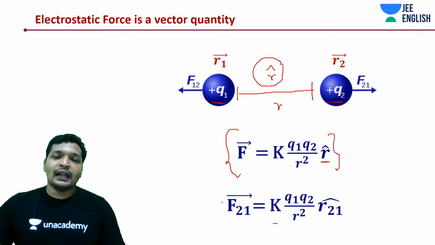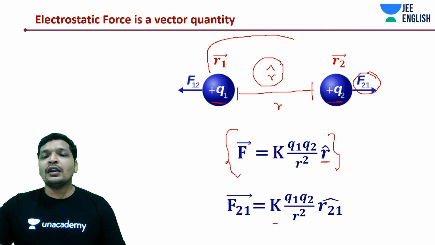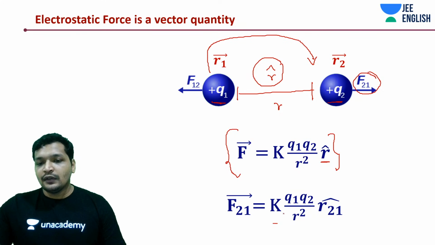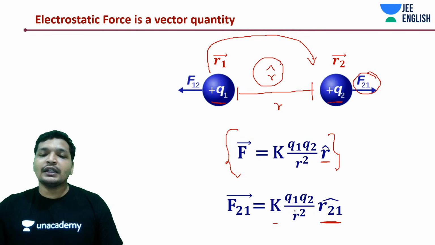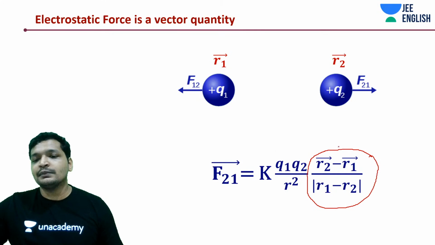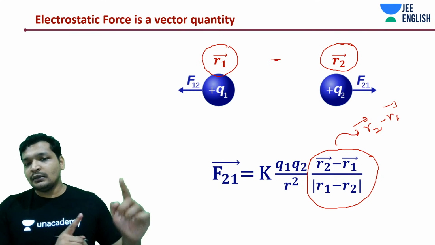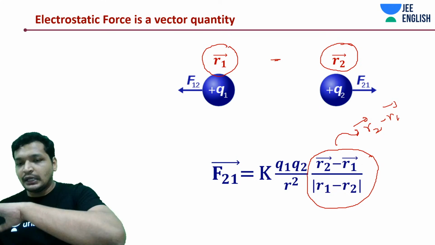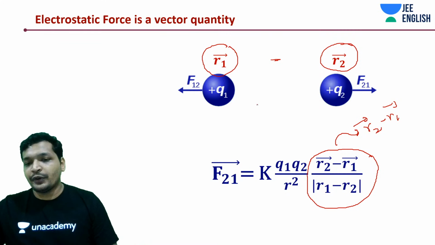We'll initially calculate the force F21, which is nothing but the force applied by Q1 on Q2, which is going to be K into Q1 Q2 divided by R square into R21 cap, which has to be the position vector R2 minus R1. Isn't it? It is repulsive in nature, but even if you have a negative charge, you can substitute the negative. We'll come to that point.